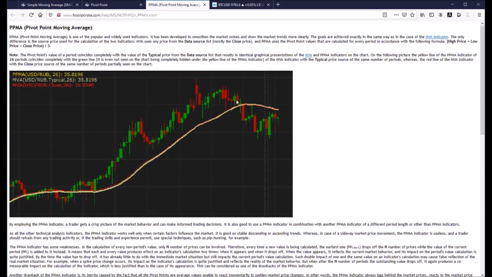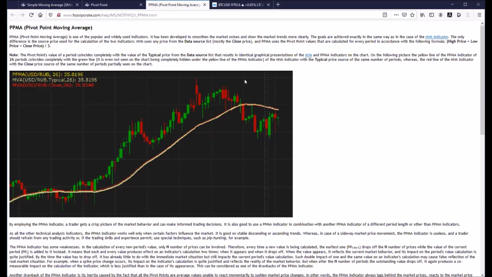So if I'm looking at a 100-day pivot point moving average, it's going to take the last 100 candles, and for each candle, it takes the high, the low, and the closing, and divides by 3. It does that 100 times, then takes all of those 100 values, adds them together, divides by 100, and that's your moving average point for the day.